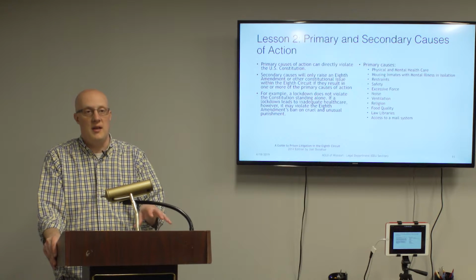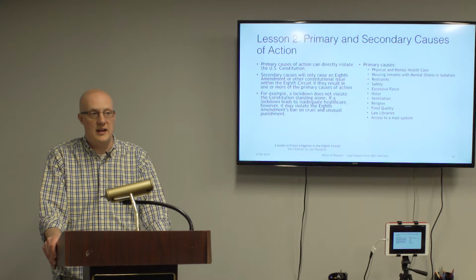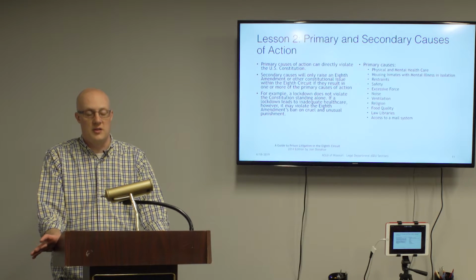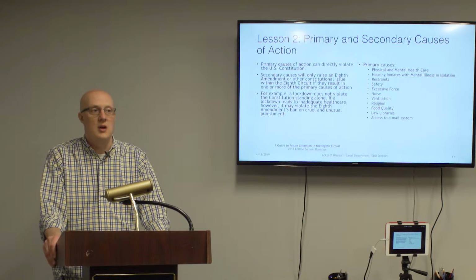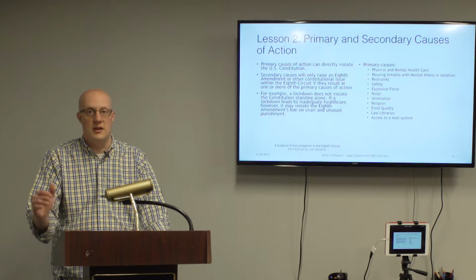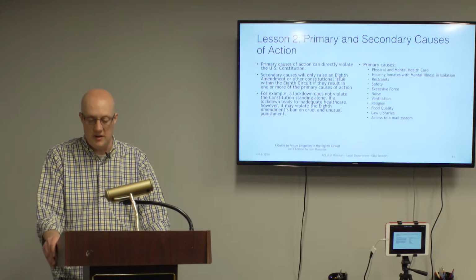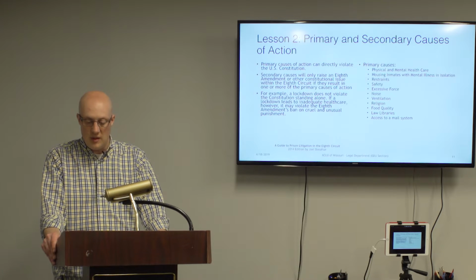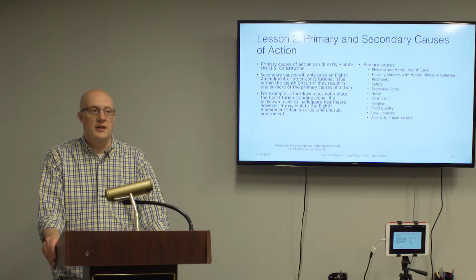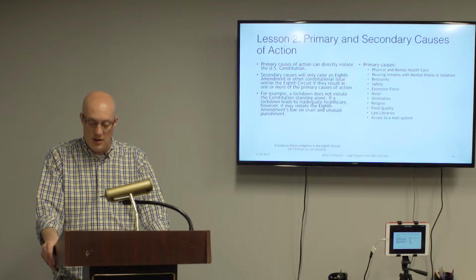Such an example of this liberty interest would be a right to not serve a sentence longer than the court ordered. If the court orders a sentence no greater than 3 years, the state cannot keep a prisoner for greater than 3 years. That's an example of a state-created liberty interest that person has.